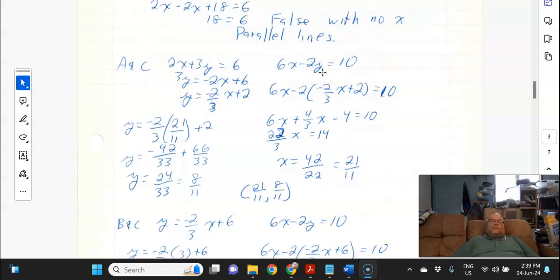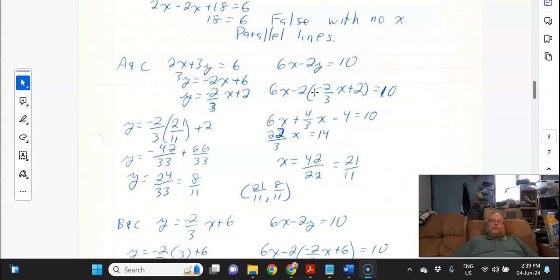A and C. 2x plus 3y equals 6. 6x minus 2y equals 10. We solve our first equation for y, first by subtracting 2x, then dividing through by 3.